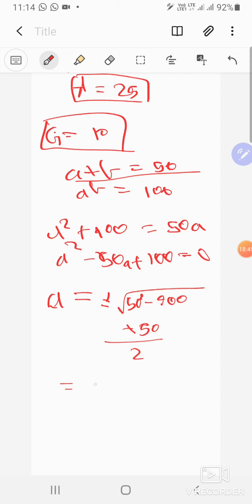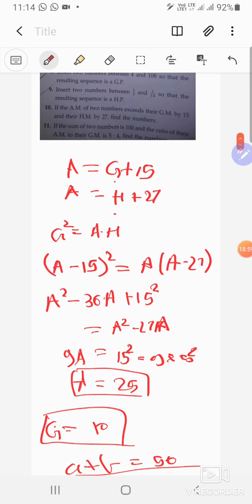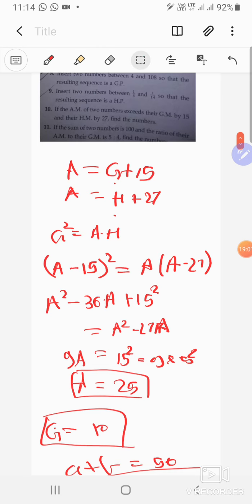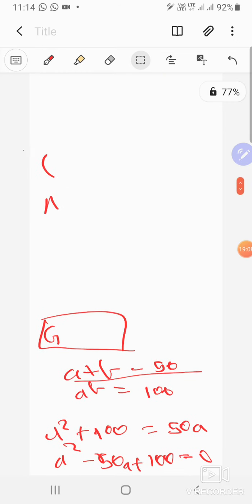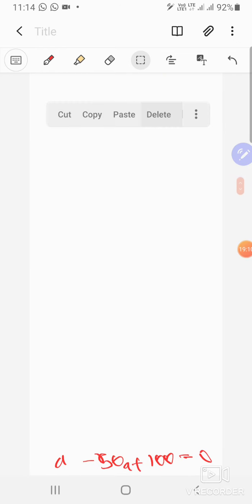Okay, so plus minus 10 root 21 plus 50 upon 2. So there we got those two numbers. Easy as that, right? Okay, let's go to the next question. There might be some mistakes in this, but I don't care about that. As long as I know the method and how we can do it, it's okay.